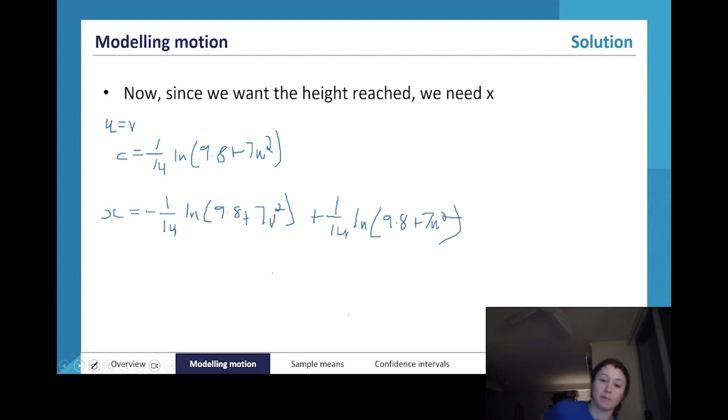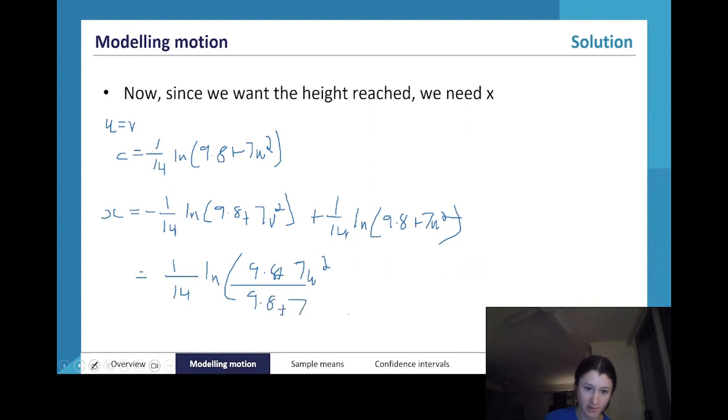Now we can combine these two ln's together using our simple log laws and take that 1 over 14 out the front. This leaves us with 1 over 14 ln of 9.8 plus 7u squared over 9.8 plus 7v squared. Right.